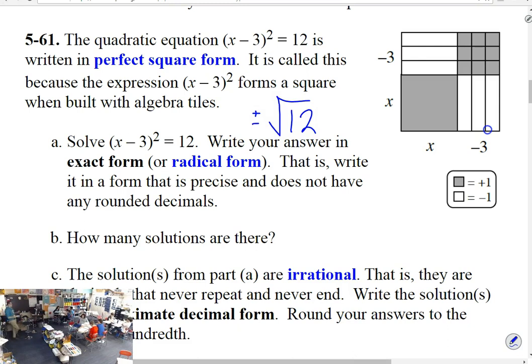We know that whatever that value is, that 3.464101, has a positive and negative, but we're not going to write the big old decimal, we're going to write the radical. That's equal. I keep having plus instead of minus. So then x can equal the positive or negative of radical 12 plus 3.